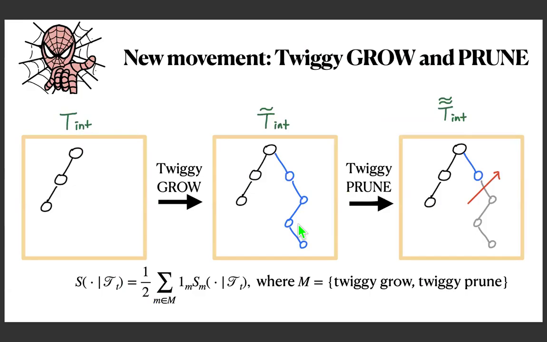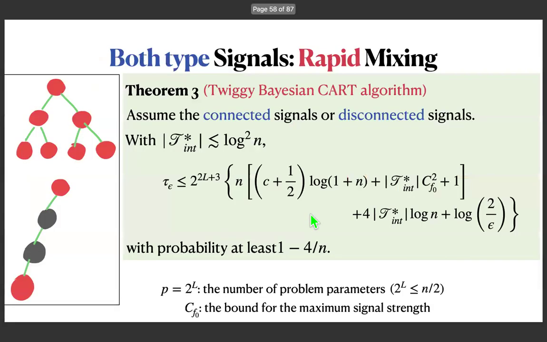In a sense, it generalizes the original local movement, but it has more flexibility. And the other things are all the same. What we can show with this new movement is that now, for both connected and disconnected data structure, we can have the same polynomial mixing upper bound.